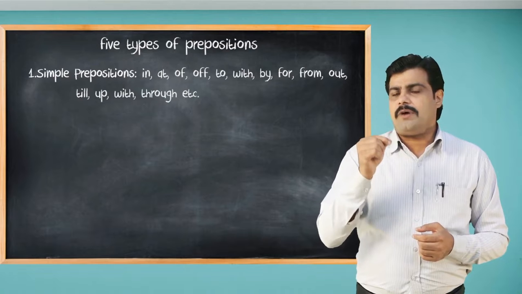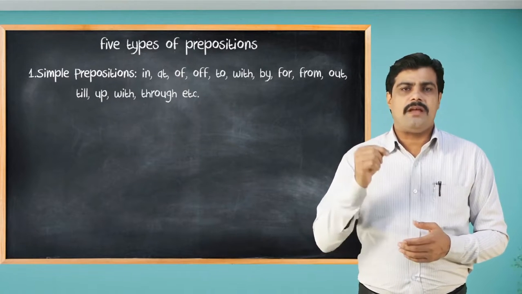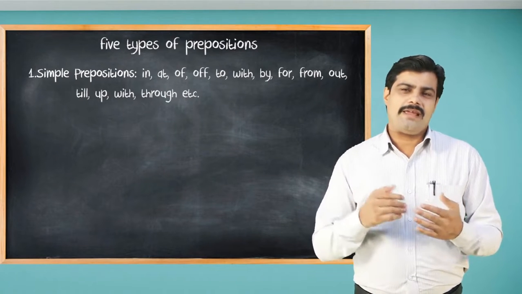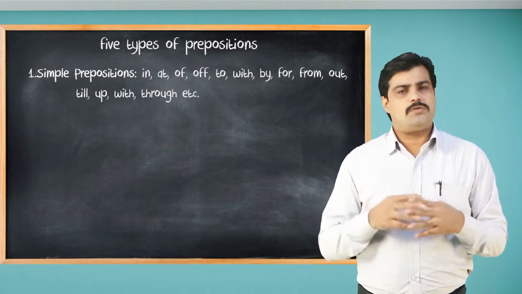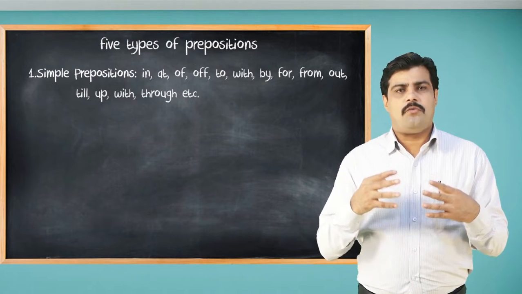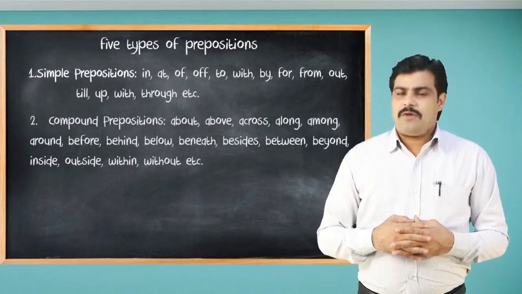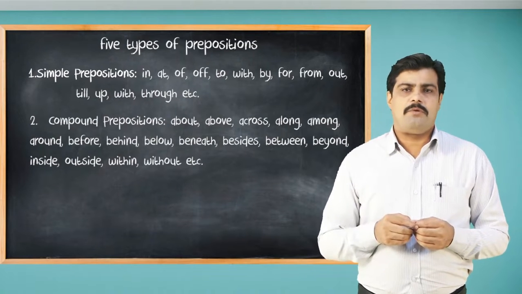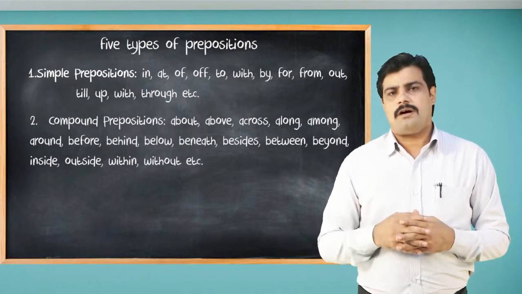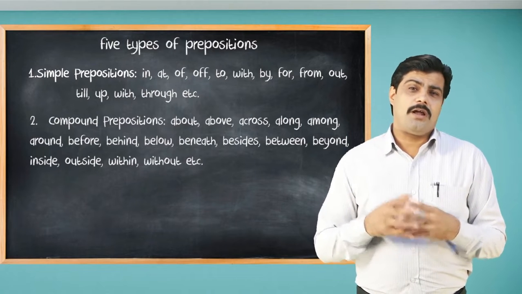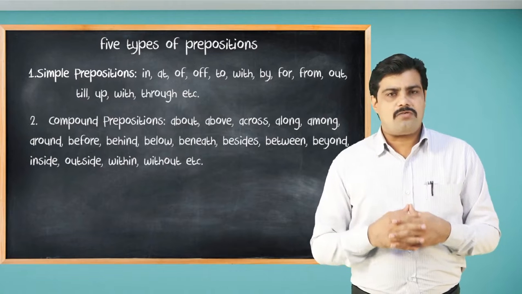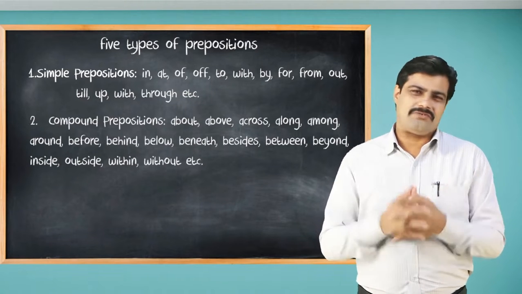These are one-word prepositions, for example, in, at, of, to, with, by, for, from, out, till, up, with, through, etc. Second one is compound prepositions, and these are about, above, across, along, among, around, before, behind, below, beneath, besides, between, beyond, inside, outside, within, without, etc.